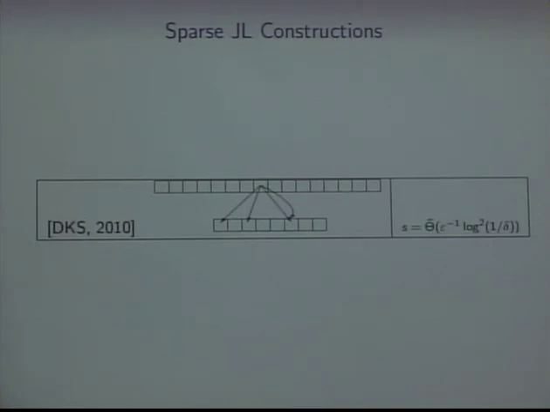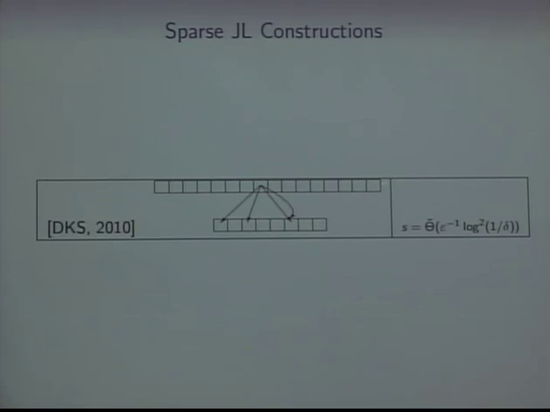So, what is our mapping? There was previous work by Dasgupta, Kumar, and Sarlos on getting sparse JL. And basically, what does their mapping, their dimensionality reducing map, look like? At the top here, I have the vector u, which I'm trying to embed into m dimensions.